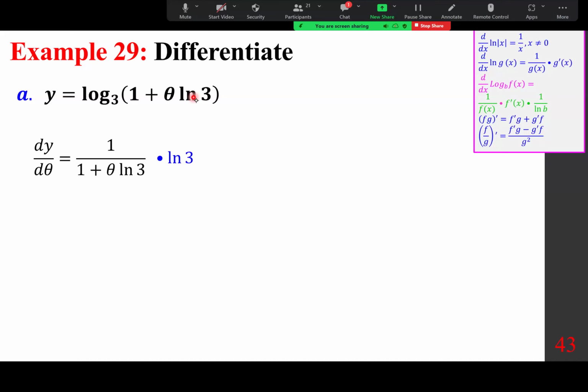Finally, is the base e? No, so you need 1 over ln 3. I'm looking at this one, 1 over ln b. So I need 1 over ln 3, and these two cancel each other. Here's the final answer. Pretty straightforward, everybody.